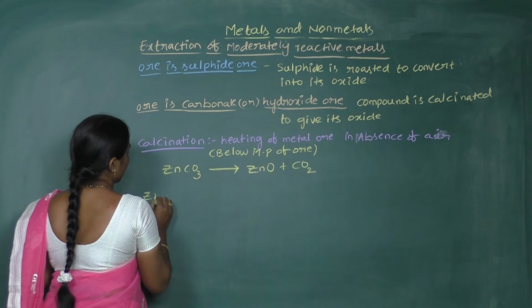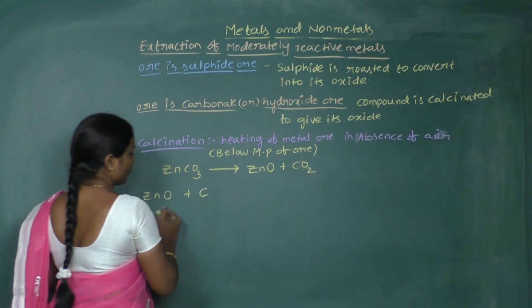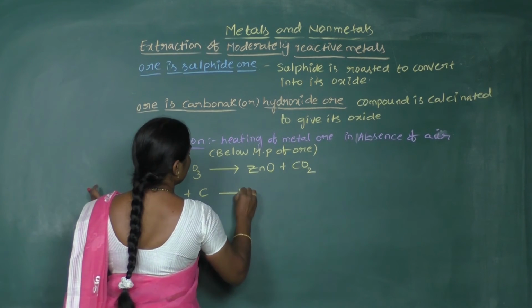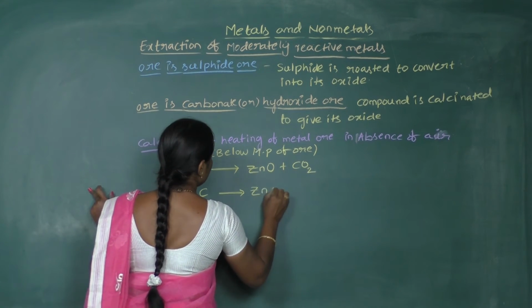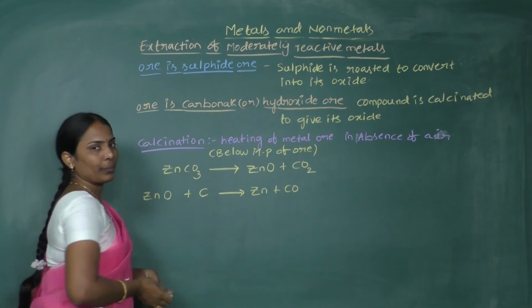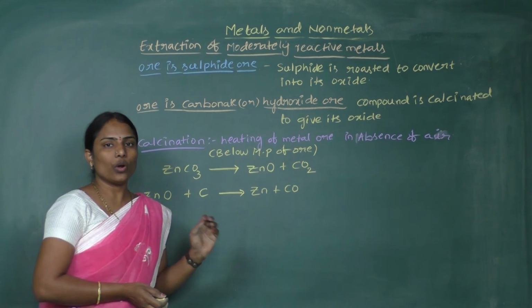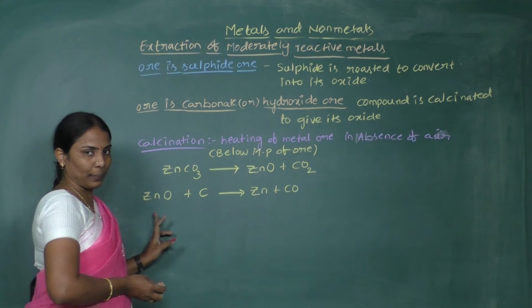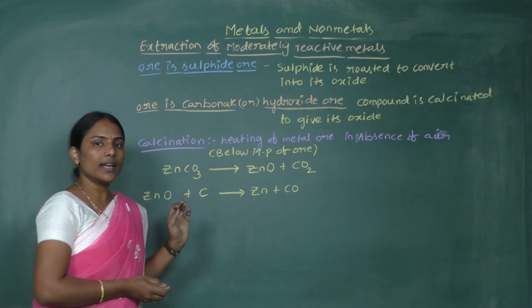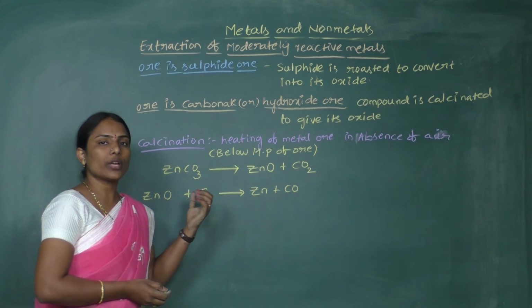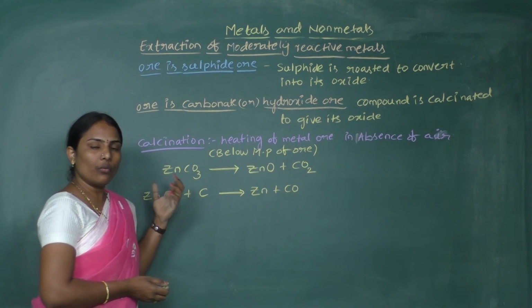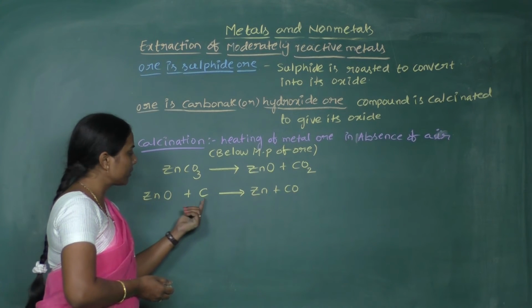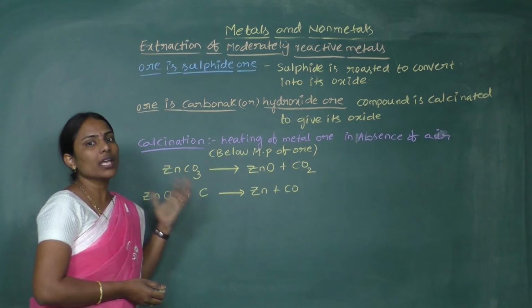Now the zinc oxide can be treated with carbon, which is the reducing agent here, so that we can get Zn plus CO. The reducing agent we select should be more reactive than the metal we are extracting, and at the same time it should be economic. Whatever metals are less reactive than carbon can be reduced by carbon.